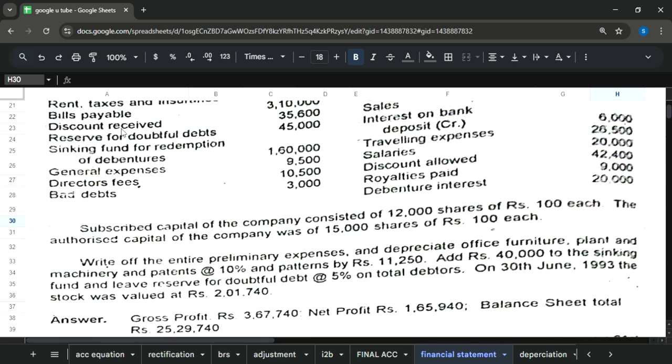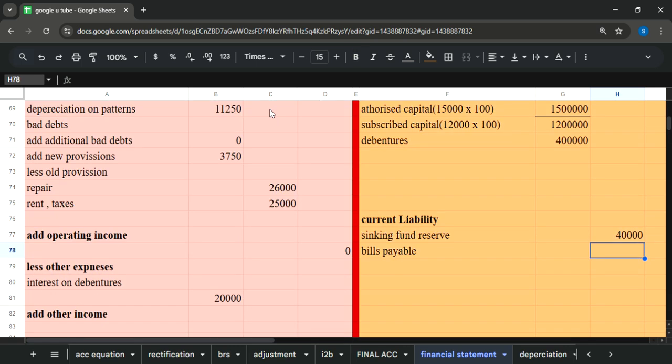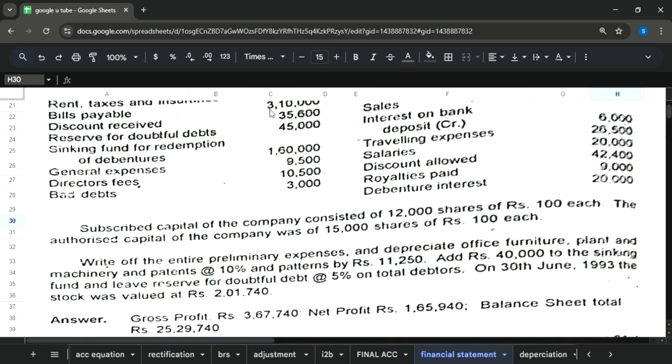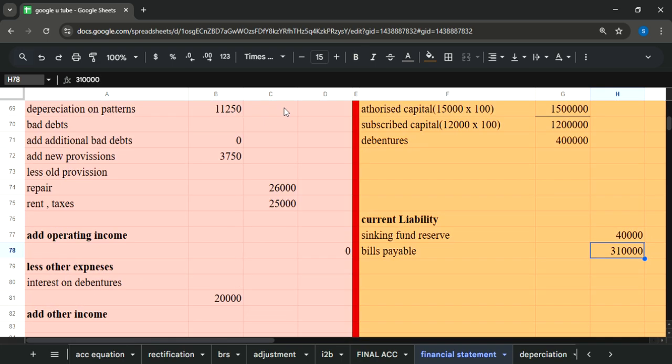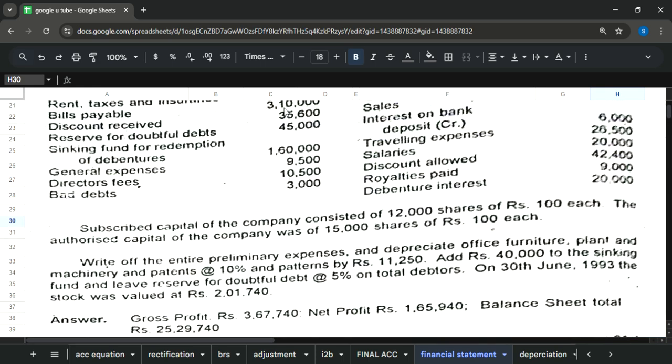Amount of bills payable 3,10,000. The page is not aligned and amounts are a little bit doubtful. Okay, we can see 1, 2, 3, 4, 5, 6, 7th amount. Bills payable 310,000. Yes, we have written correctly, hopefully.